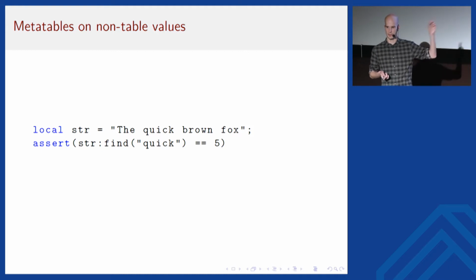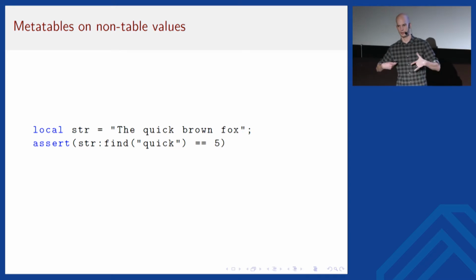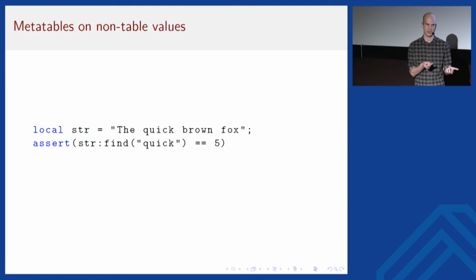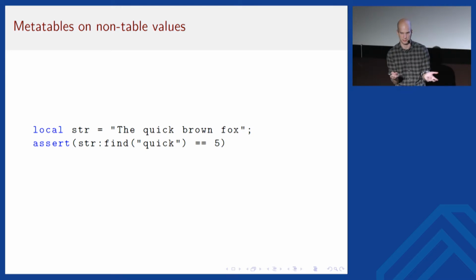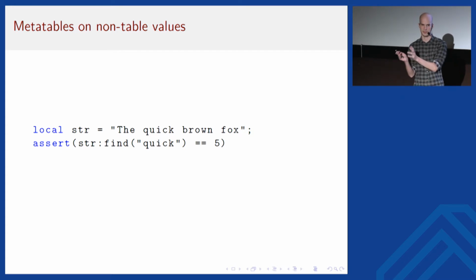So as you remember, this colon syntax basically means it's going to look for a find function on the string value, but the string value is not a table, so it does not have any fields. But there is a metatable attached to the string value that actually says, hey, if anyone tries to access fields on you like you are a table, then do this. And that's how they are able to redirect this call to the standard library.